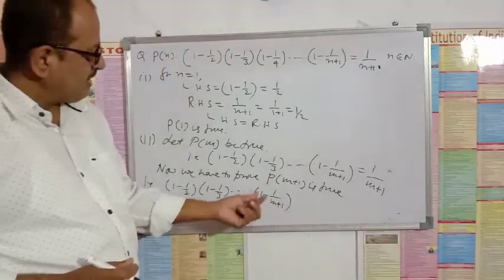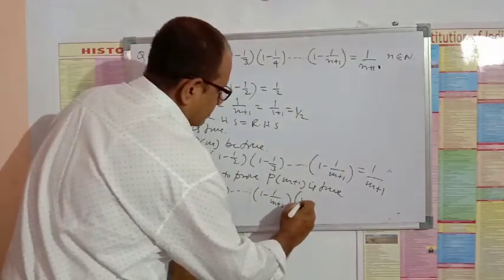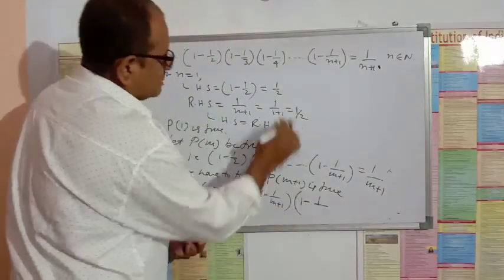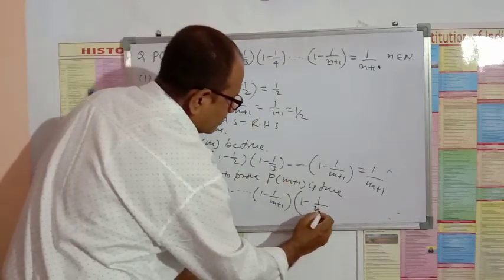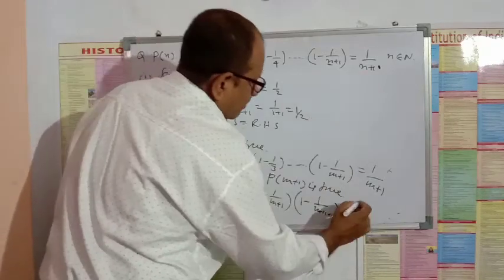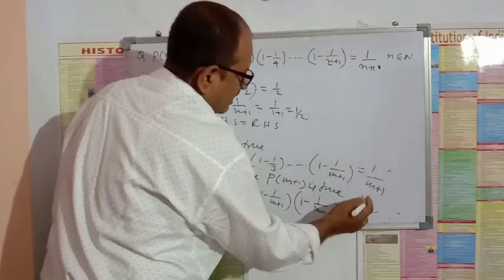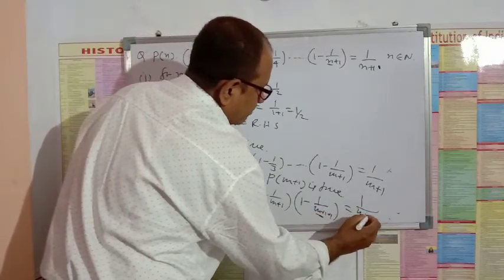It is m terms, but m+1 means one more term, the next term. What will the next term be? (1 - 1/(n+1)) where in place of n we write m+1, so 1 - 1/(m+1+1), and this equals 1/(m+1+1).